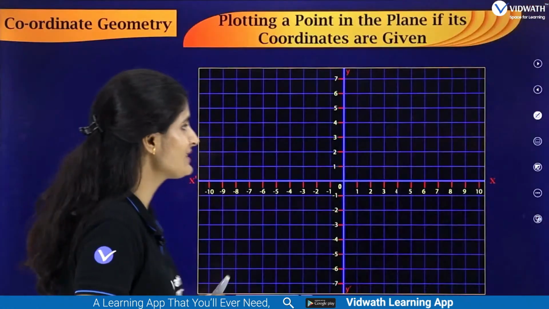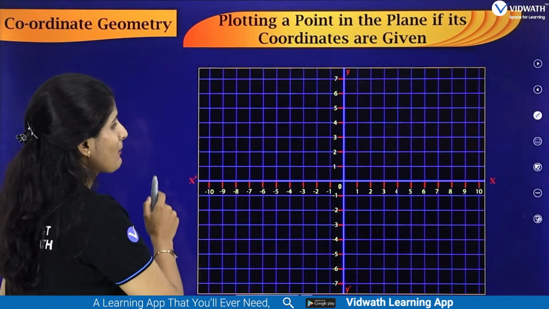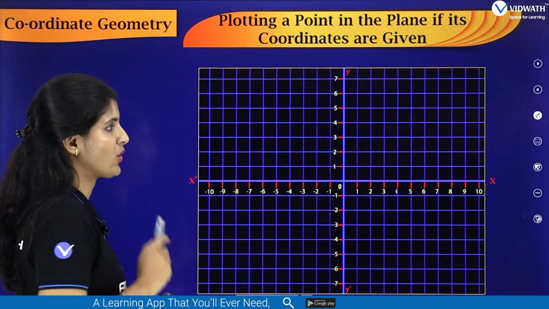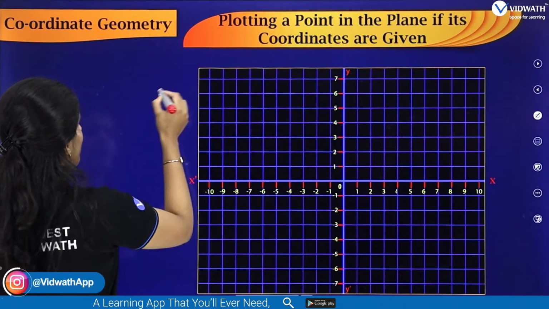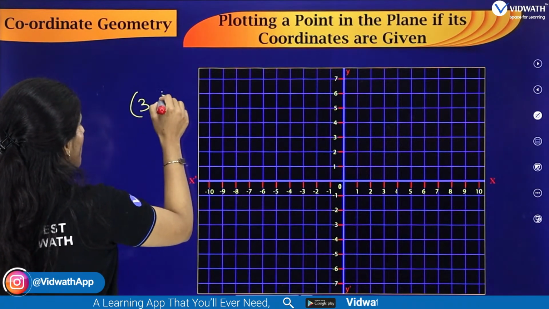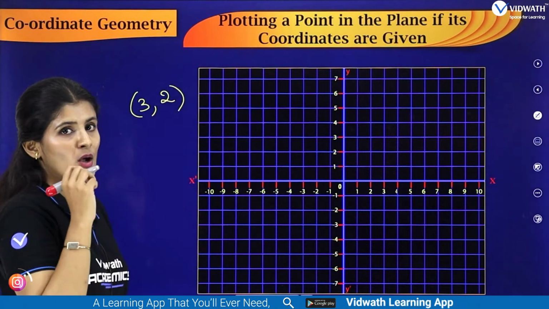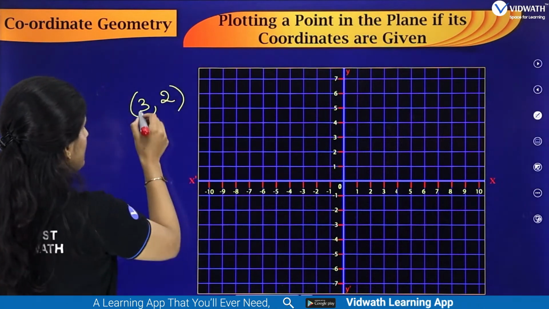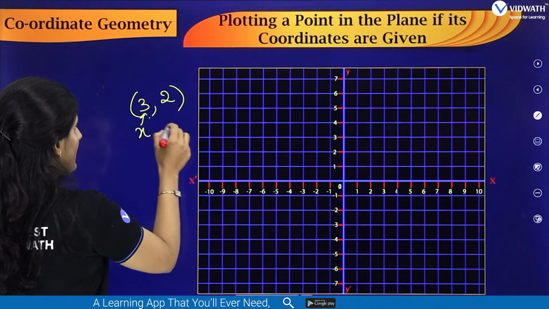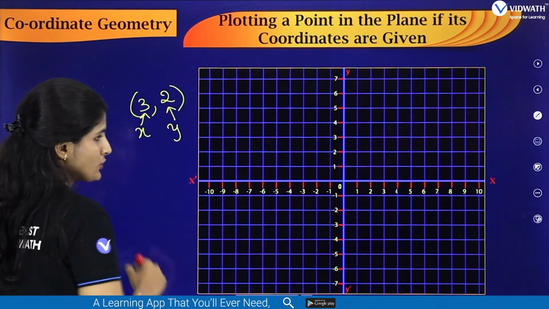Now let us first understand how we can plot a point on a plane if its coordinates are given. If the coordinates of a point are 3, 2, that means the x coordinate is 3 and the y coordinate is 2.